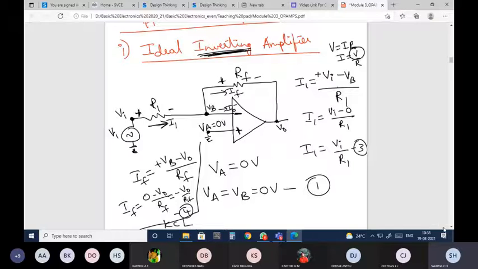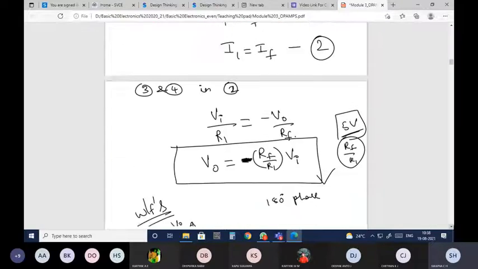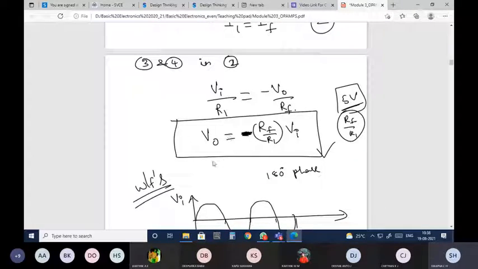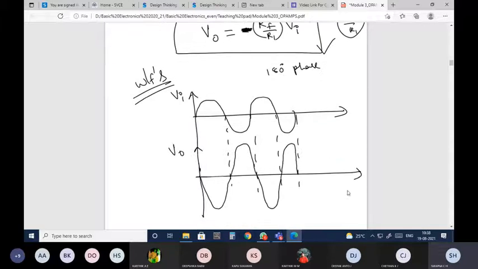Write the equations and finally get the output equation, V0 equation. Everywhere we'll be finding the output equation only. All applications will be finding the output equation only. So finally write the output equation and finally draw the waveforms like this. So this is your op-amp acting as an inverting amplifier.